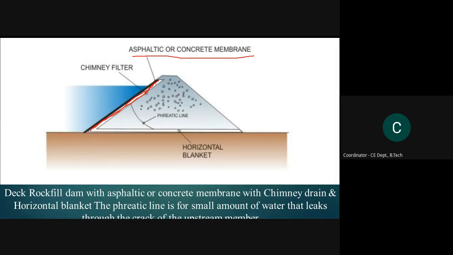Here the phreatic line represents a very small amount of water that leaks through cracks of the upstream membrane. The phreatic line has a very small path to flow, and it is definitely coming onto the horizontal blanket. So the seepage control is much better in that case, as you can see.